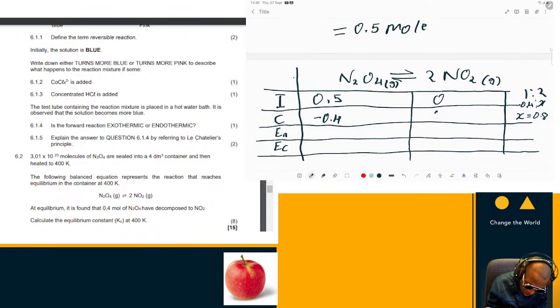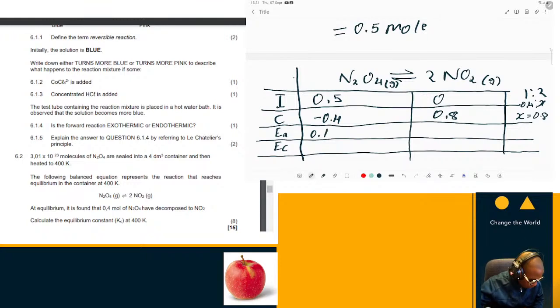So here we have 0.8. To get the number of moles at equilibrium, we add the initial number of moles of N2O4 plus the change: 0.5 plus minus 0.4, which gives 0.1, sorry guys, 0.1.